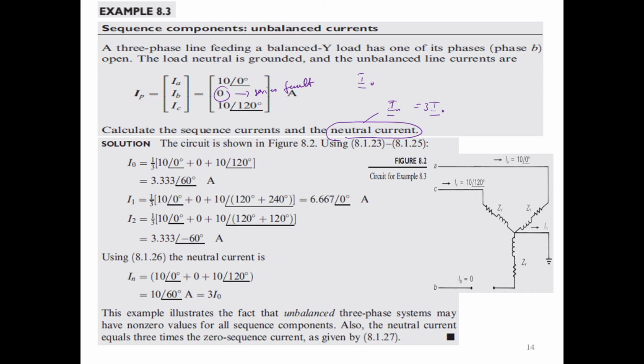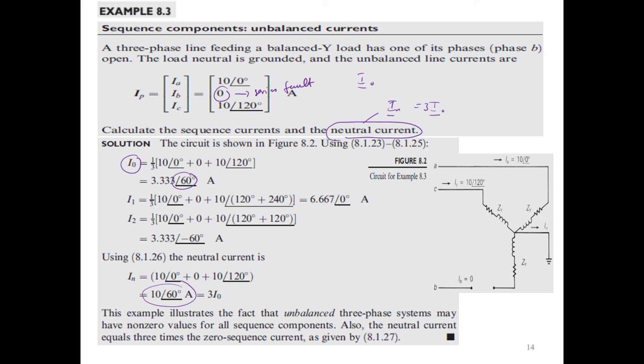Now you see the I0 can be defined by 1/3 of the sum of all currents, the 1/3 of IA plus IB plus IC. Okay, the I0 is 3.33 angle of 60. Now for the neutral current, you can answer straight away that it is 10 angle of 60. You multiply this by 3.